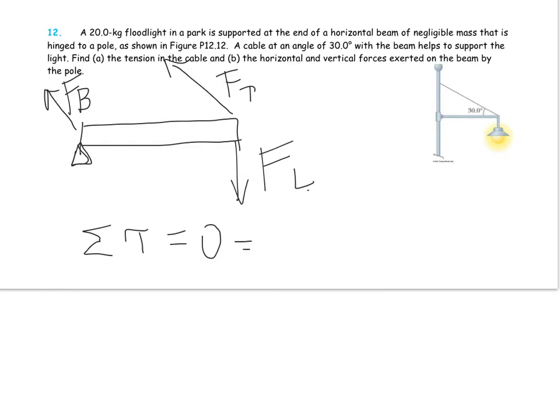and that will equal the force from the lamp, which is equal to force of the lamp times some distance r, and the distance r is this distance here, and that will be negative.